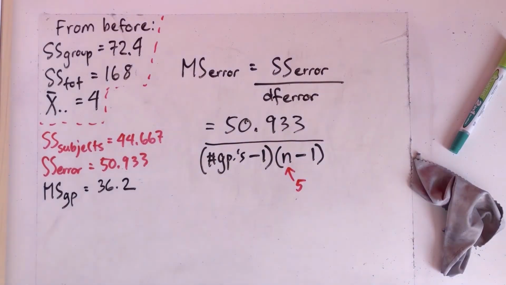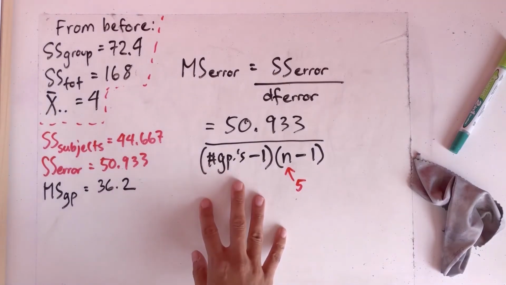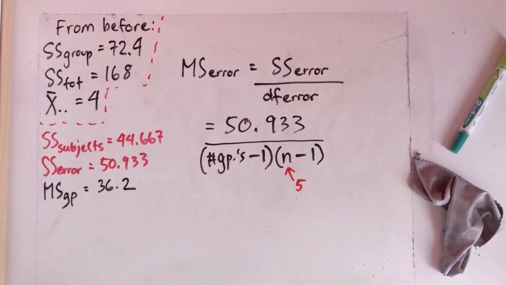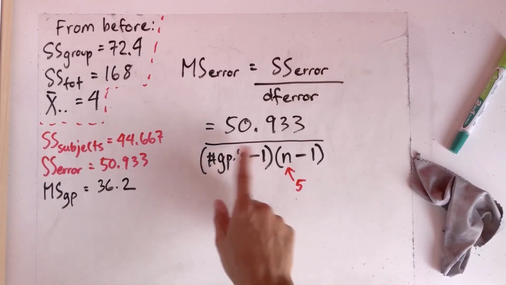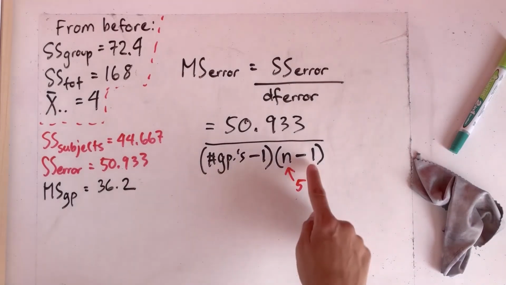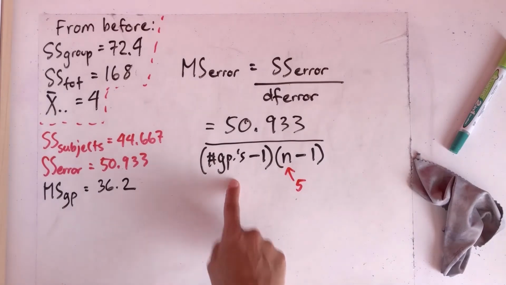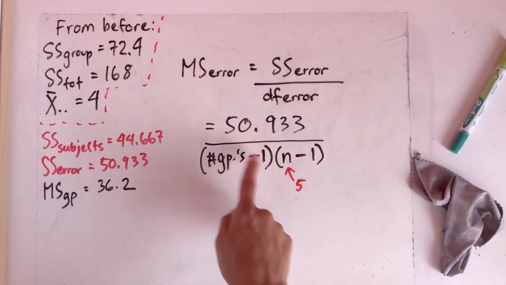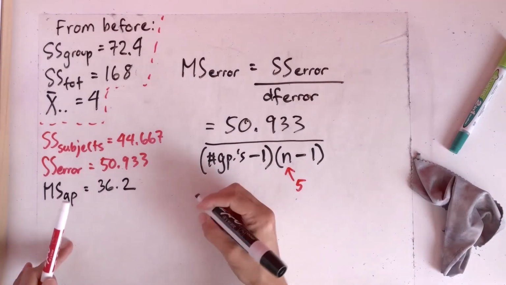So it's a little bit different because when we were doing the between subjects computations, we didn't have number of groups minus 1. We had just the number of groups. So here we're going to have 3 minus 1 times what's going to end up being 4. But before, when we were doing the between subjects degrees of freedom error, we just had 3, the number of groups, times 4. So we'll continue with that computation then.